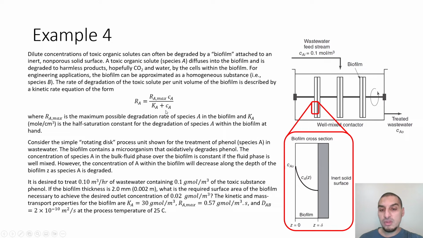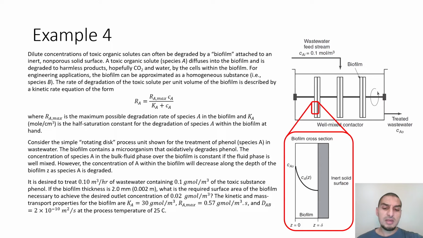So we can ignore the value of C_A compared to K_A. So the equation will reduce to a first order reaction. If you ignore this term, then it's going to be R over K, which is kind of like the rate constant, multiplied by C_A per 1. So it's for a first order reaction. This is one assumption that we'll make to simplify the solution for us.